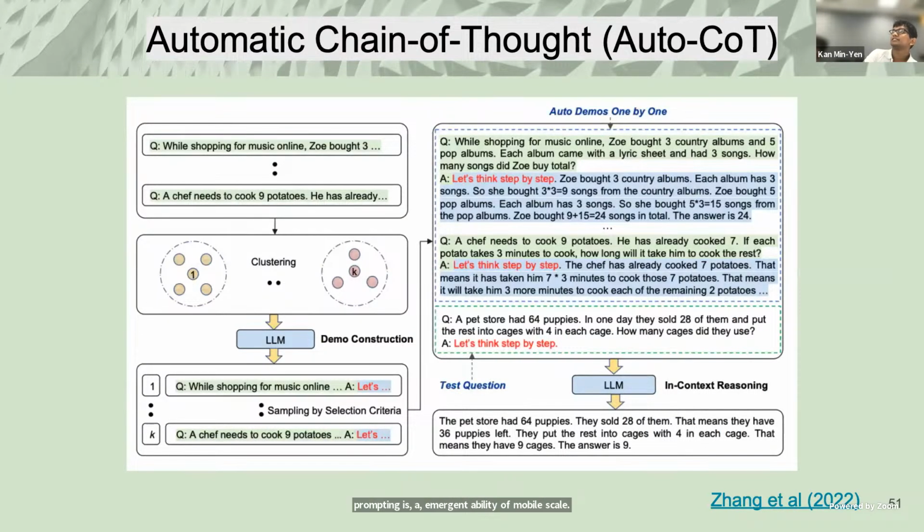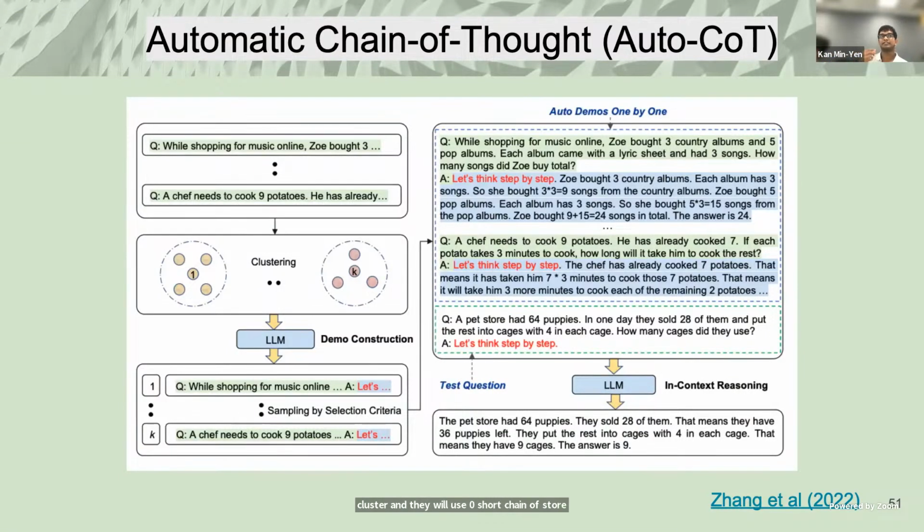Then this is something recent, in 2022, about automatic chain of thought. Chain of thought requires some manual work; we have to handcraft effective and diverse examples. With this paper, what they're trying to do is, when you provide a data set, they cluster the questions into different clusters, pick a representative question from each cluster, and use zero-shot chain of thought prompting to get the reasoning steps.